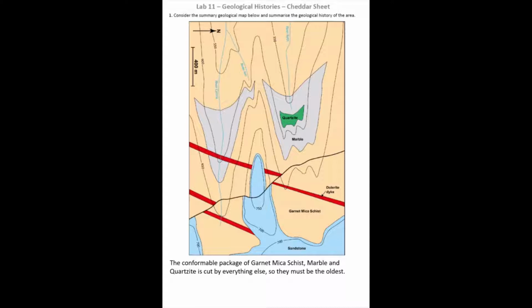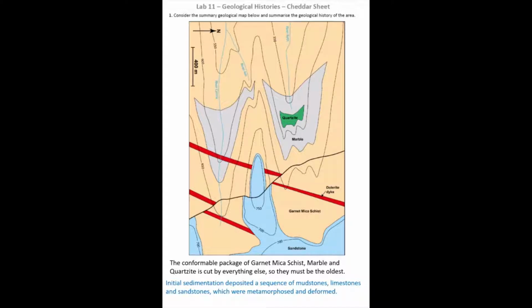So these are probably the oldest things that we can see on the map, and we can infer the part of the geological history that's represented by these rocks to be some sort of initial sedimentation that deposited a sequence of mudstones, limestones and sandstones. They're the protoliths to garnet mica schist, marble and quartzite, which have then been metamorphosed and deformed.